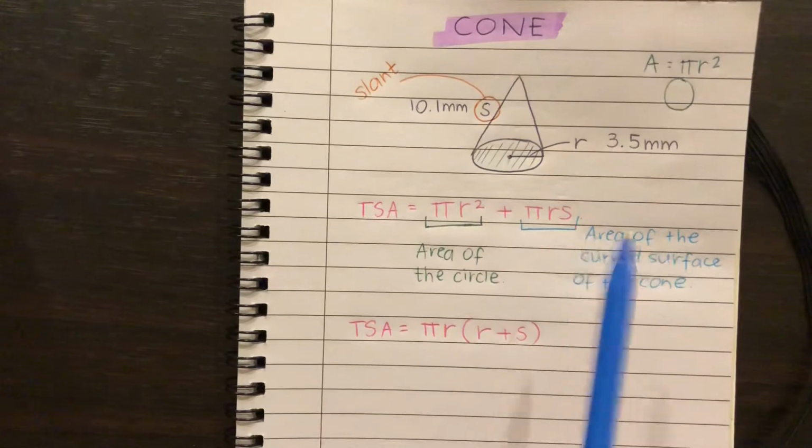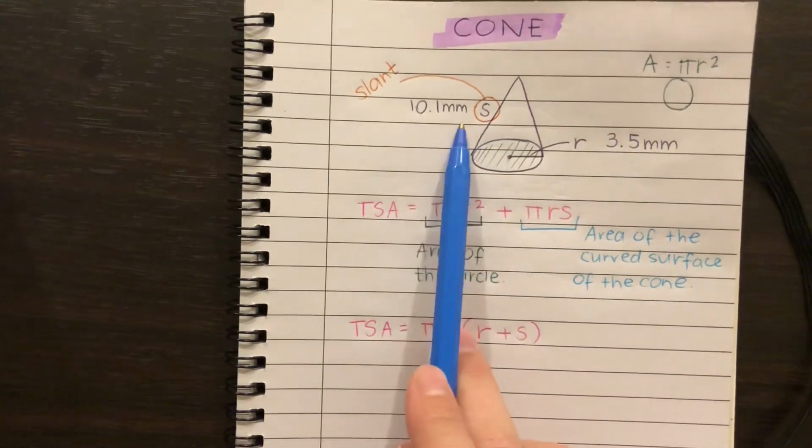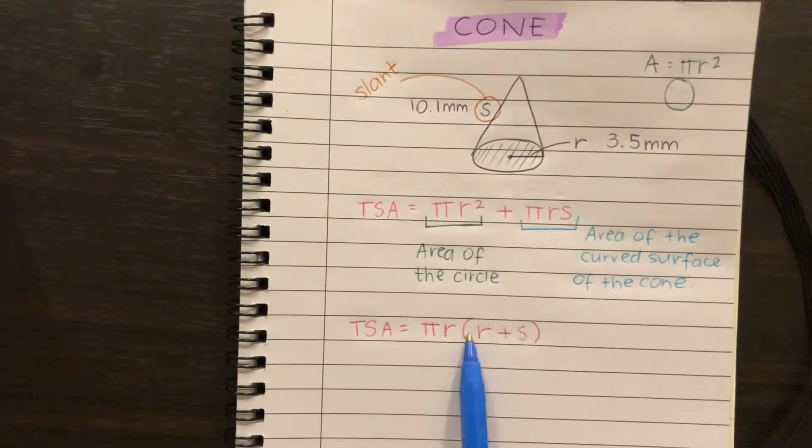So now that we know that our radius is 3.5 millimeters and our slant height is 10.1 millimeters, we can take these values and substitute them into our formula.